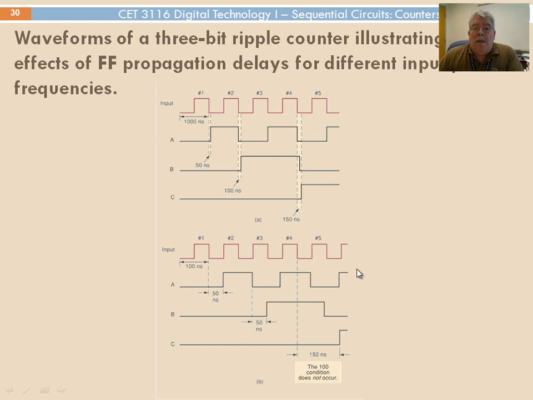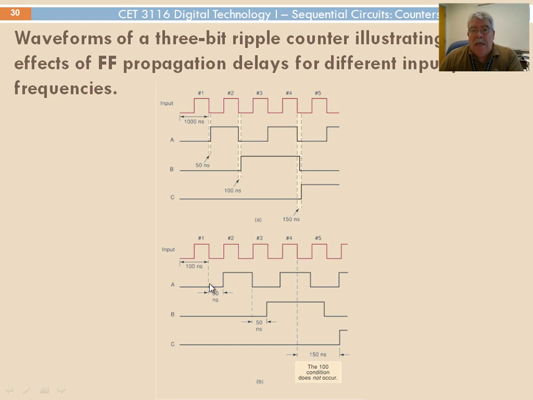But here, for the same ripple counter, we reduce the clock period to 100 nanoseconds, and see what happens. We now have the same propagation time, 50 nanoseconds, and we are basically moving to the first part of the next clock.